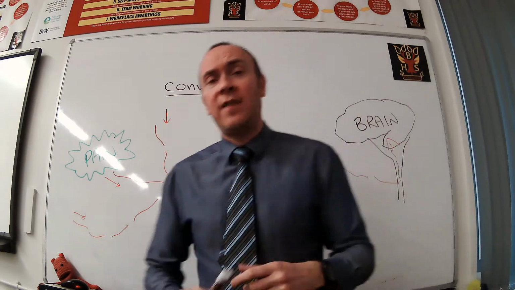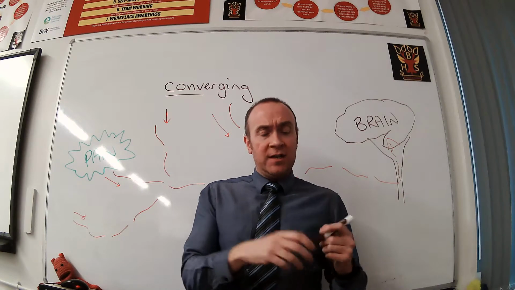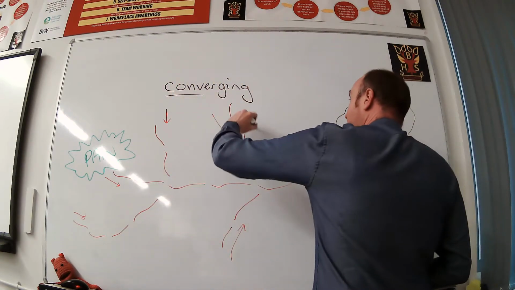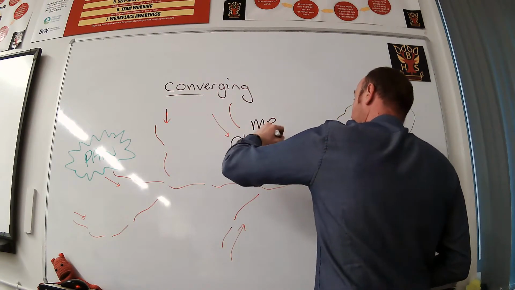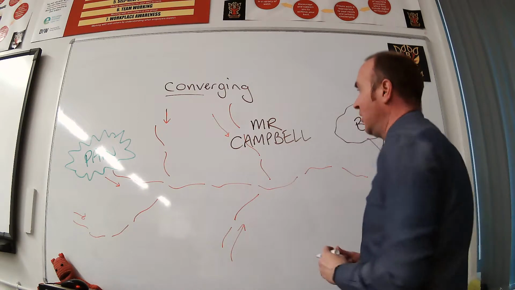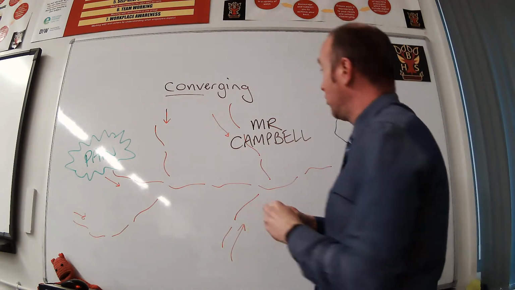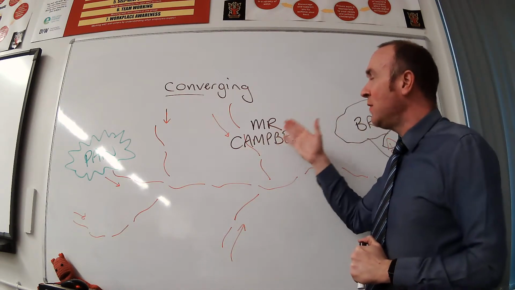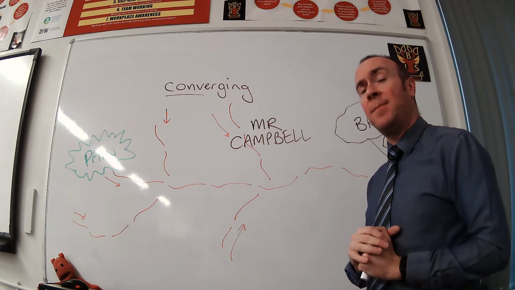I want you to think very carefully about writing, right, for a little second. So if I was to send the instruction to my hand to write my name, I can do it pretty easily. Now obviously a small child struggles to do that, but any of us would be able to write our name without really having to think too hard about it. But actually what you've got to think about is all the things your body had to do in order to make that happen.